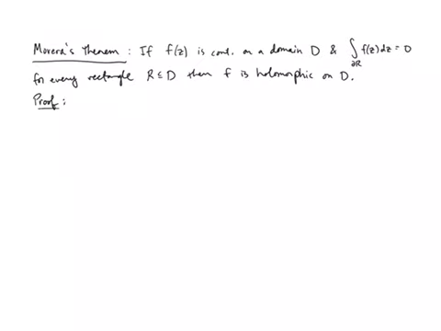So the main idea of the proof is to find an antiderivative of f, a local antiderivative of f.